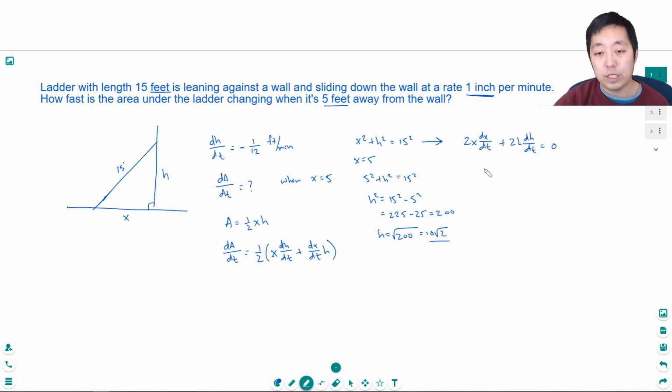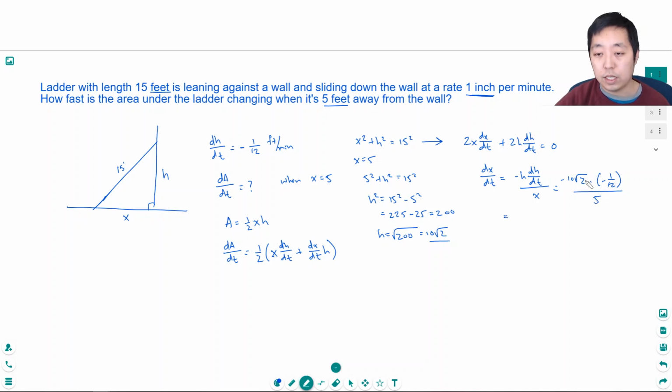So I can solve for dx/dt. dx/dt is equal to negative h dh/dt over x. And h, we said, was 10 root 2, dh/dt is negative 1/12, and x is 5.